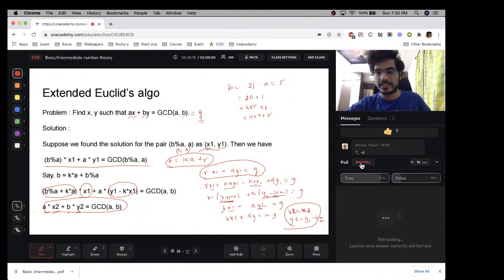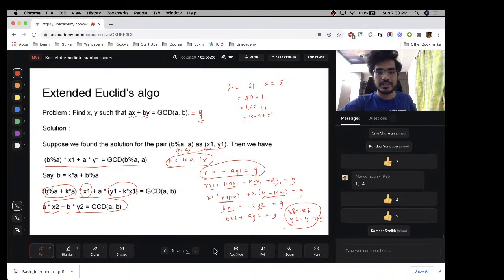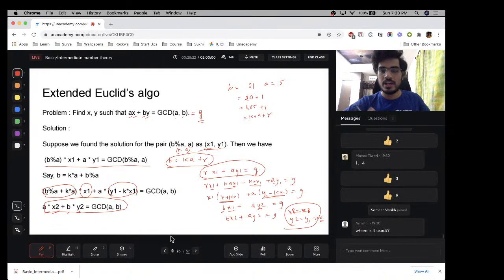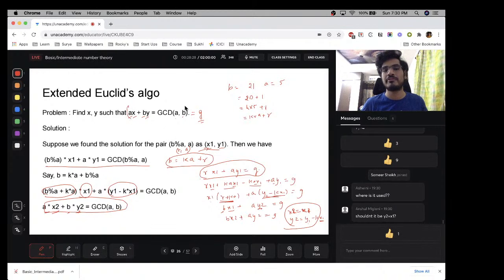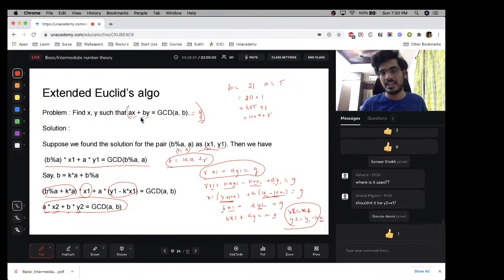Okay, it's clear for a lot of people, so let's go. You don't need to remember the whole process. You just need to remember that it is possible to find such an x and y for a and b, ax plus by equal to G.